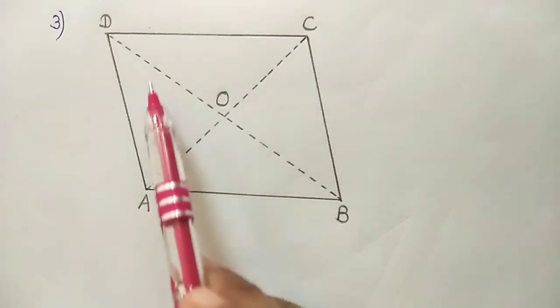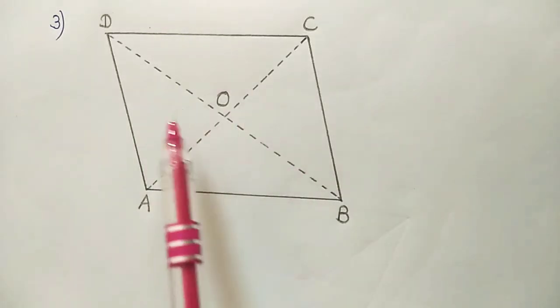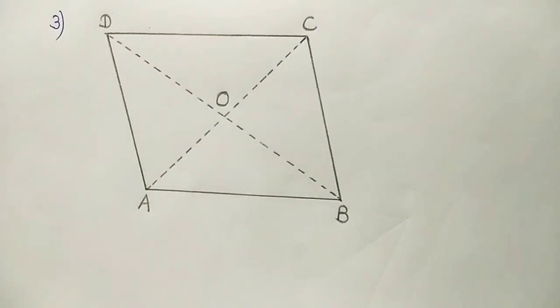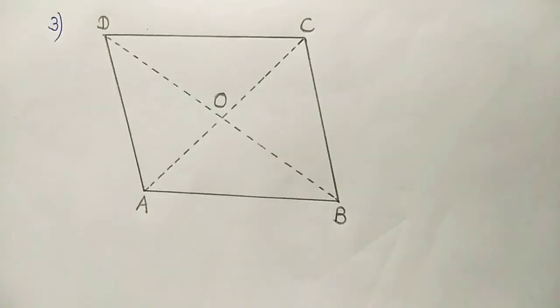So with these 2 diagonals, we have 4 triangles: 1, 2, 3, 4. We have to show that they are all of equal area. For this, we must know the properties of a parallelogram.